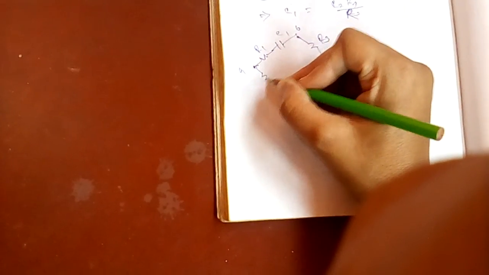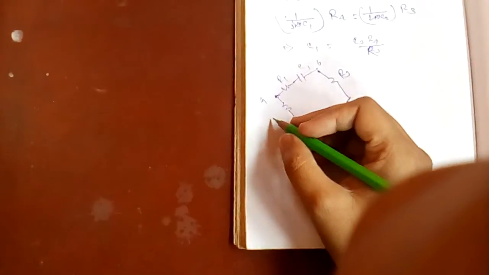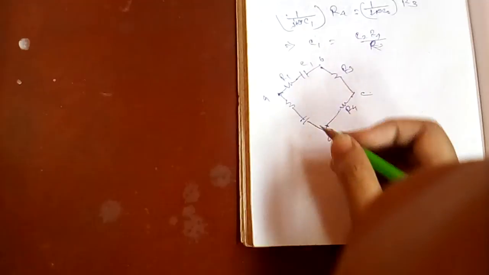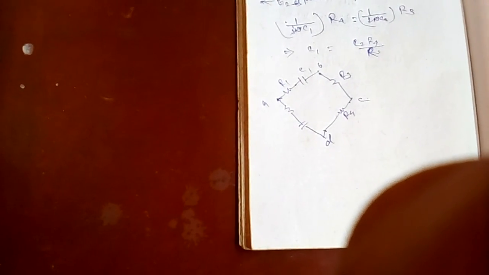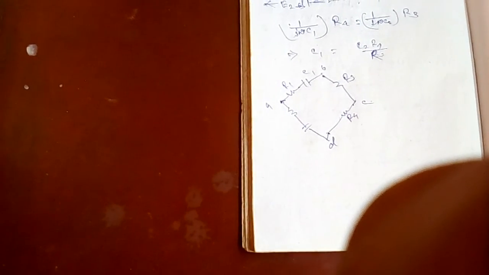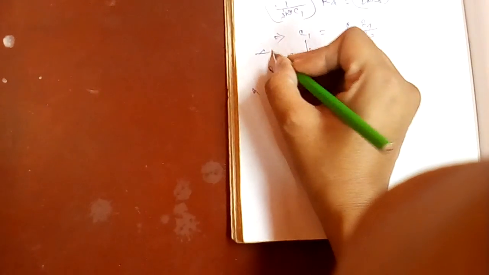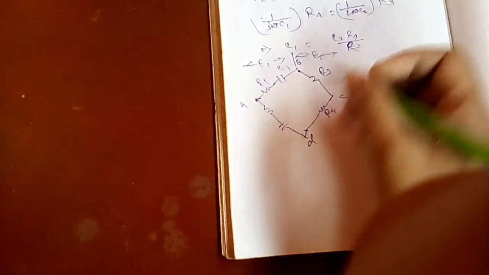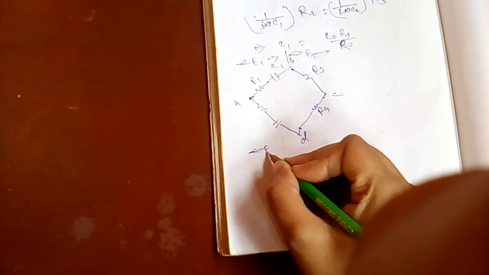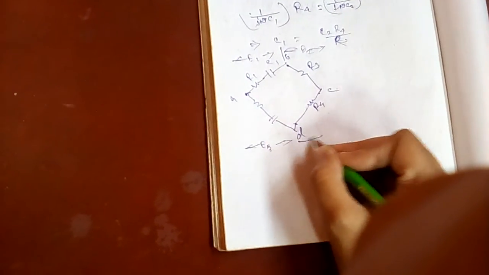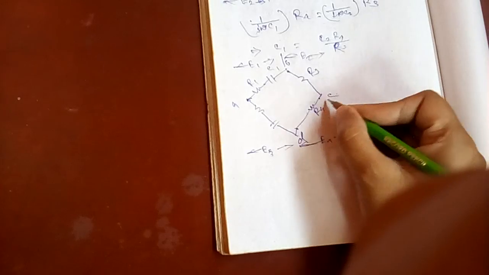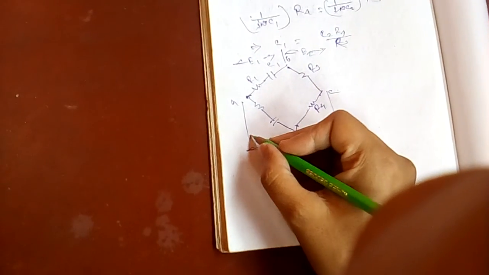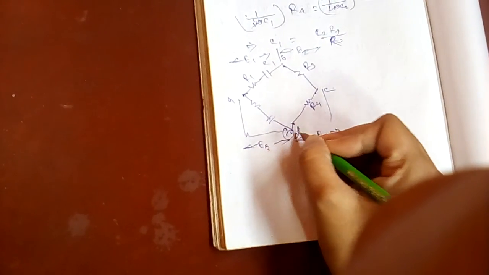And here there is a resistance and there is a capacitor. Similar to the previous, there will be the voltages: here E1, here E2, here E3, and here E4. Total supply voltage is E.